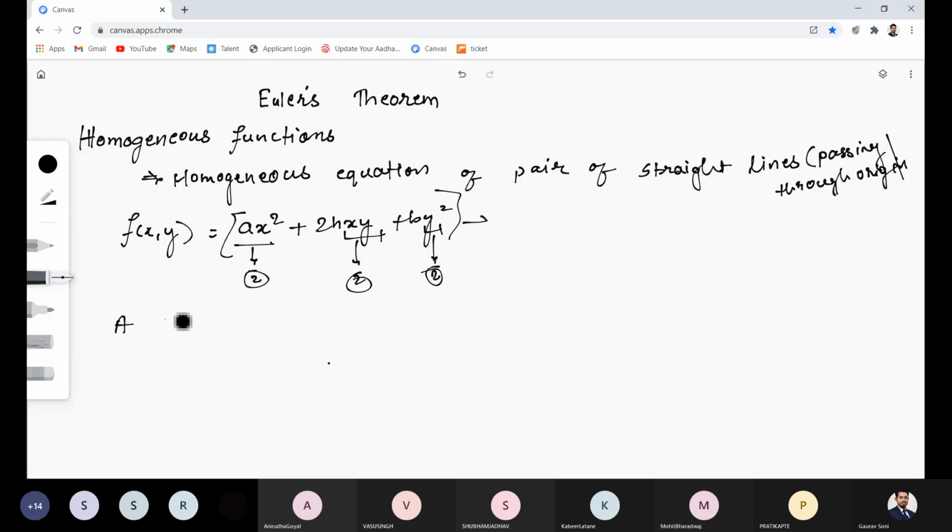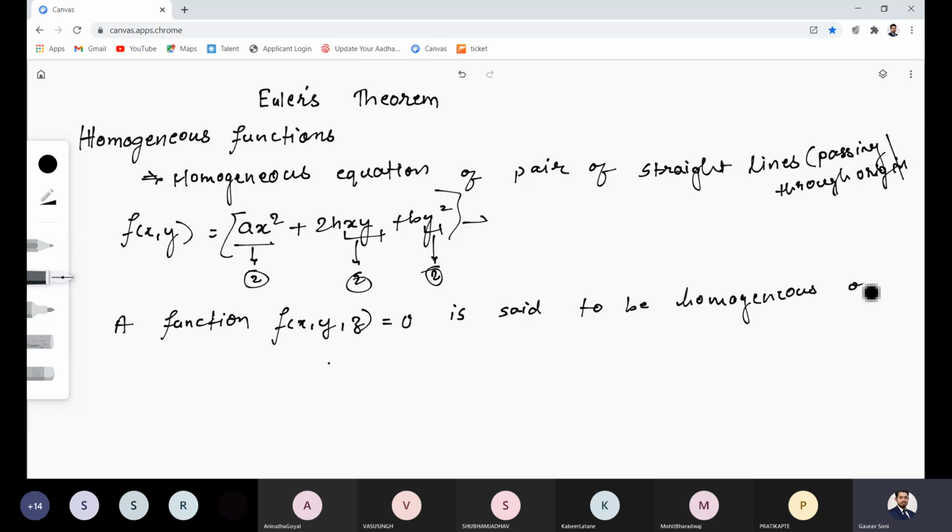So a function f of x, y, z is equal to u is said to be homogeneous of degree n if f of tx comma ty comma tz is equal to t raised to n f of x y z.